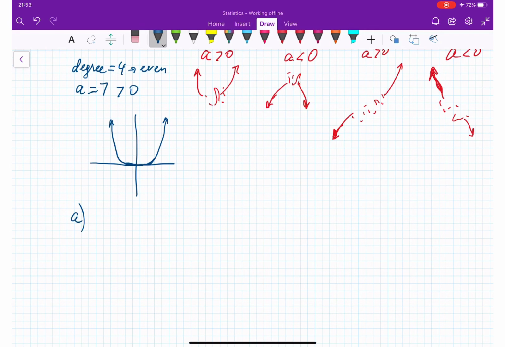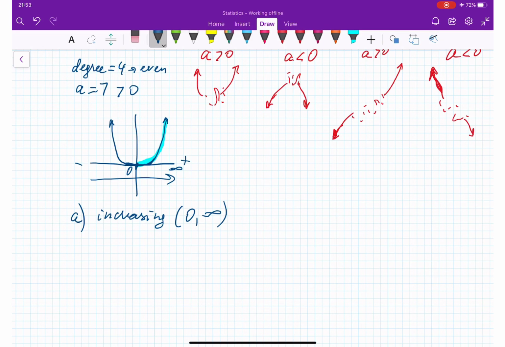The function is increasing on this interval because the numbers are growing from left to right. The x interval is always the interval of x, so it's going to be from 0 all the way to positive infinity. So it's increasing on the interval 0 to infinity.